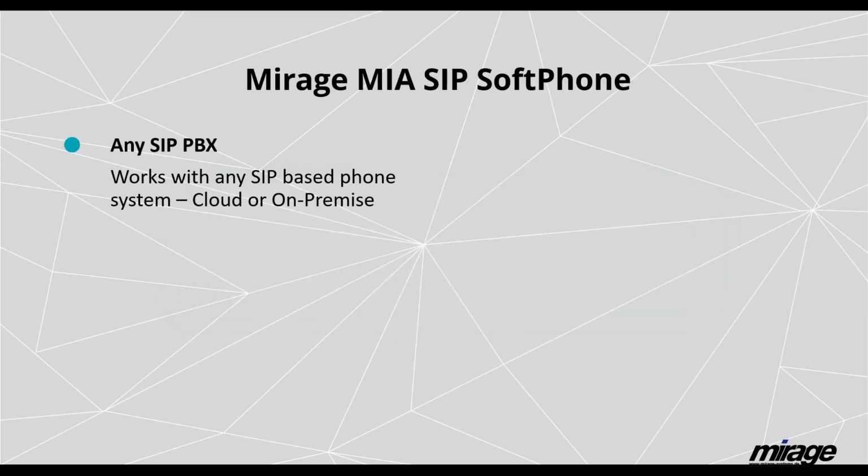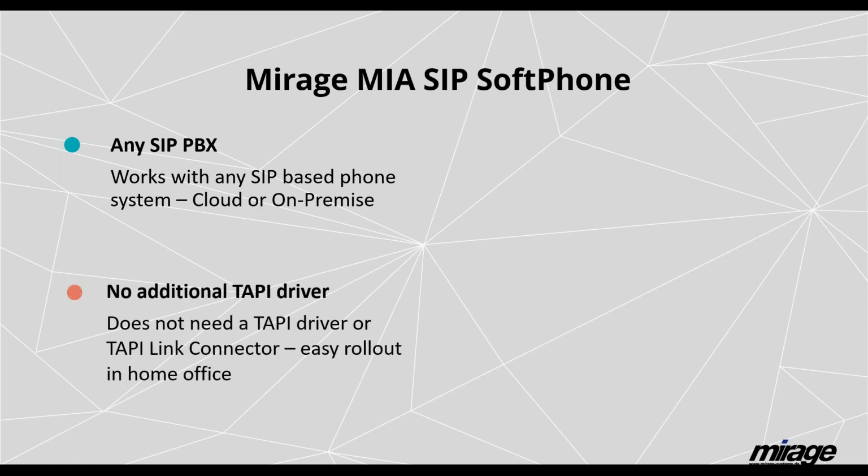And we are going to the Tapi driver connection replacement, the Mirage Mia SIP SoftPhone. It's supporting any SIP telephone system. It doesn't matter if it's cloud or on-premise. You do not need an additional Tapi driver or a local installation like the Tapi Link connector.